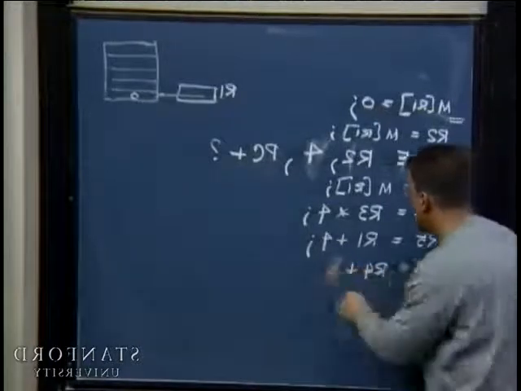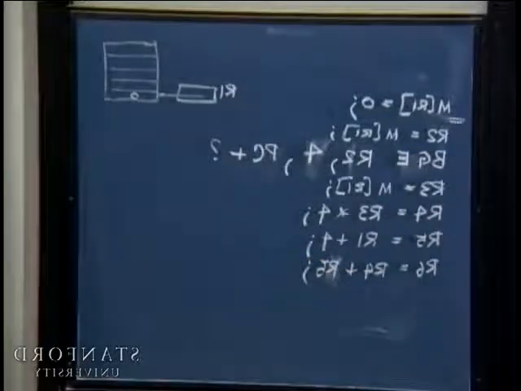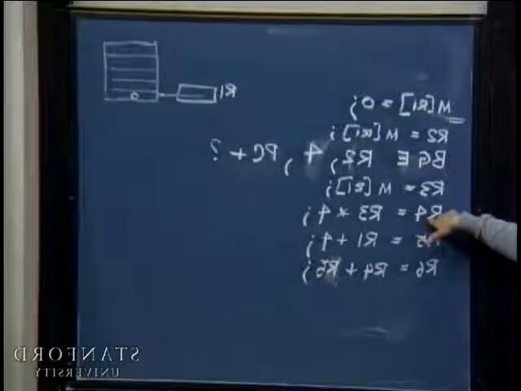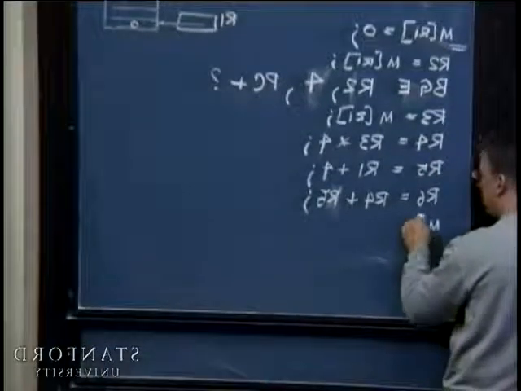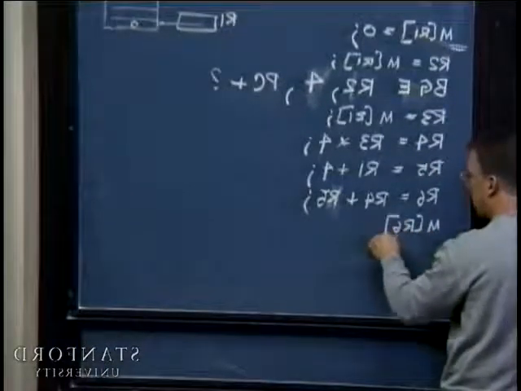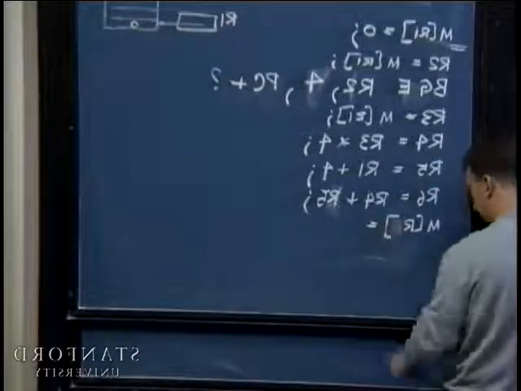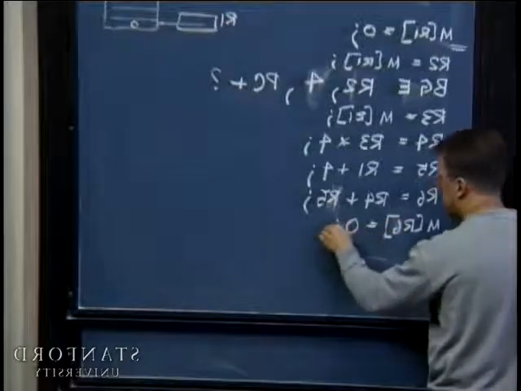Whoops. R6 has the address within the array that should get a 0 on this particular iteration. Okay? Every single iteration, R5 gets the same value every single time, but R4 certainly does not. So that means that m of R6 is equal to 0.